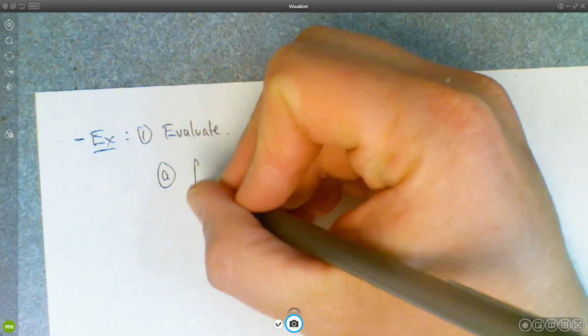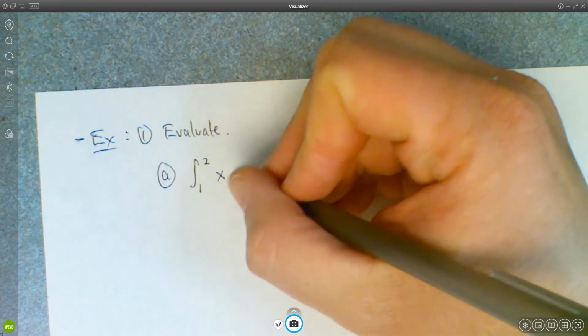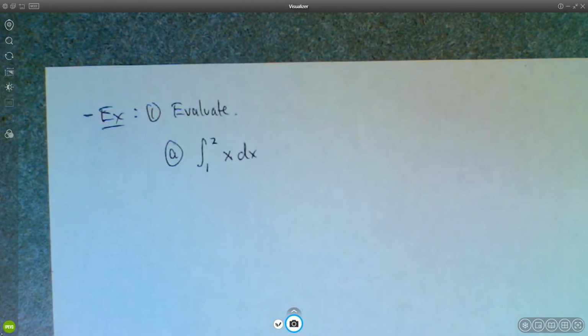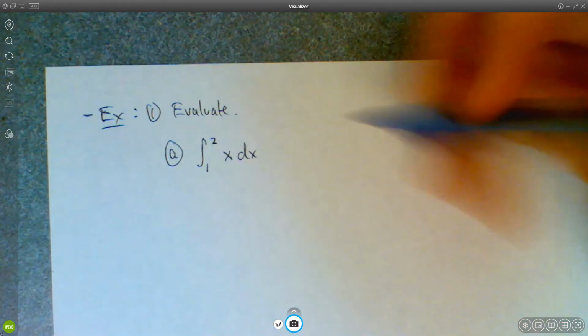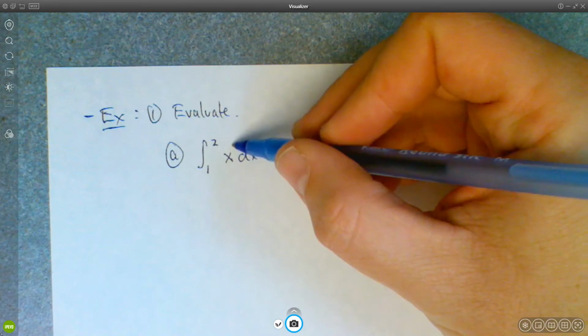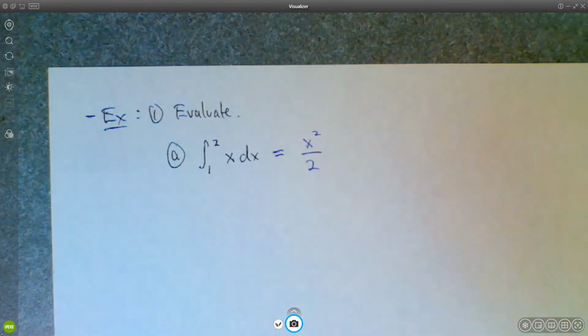So let's evaluate the integral from 1 to 2 of x dx. First of all, I'm going to find an antiderivative for x. And that's pretty easy. You add 1 to the exponent and then divide by the new exponent.